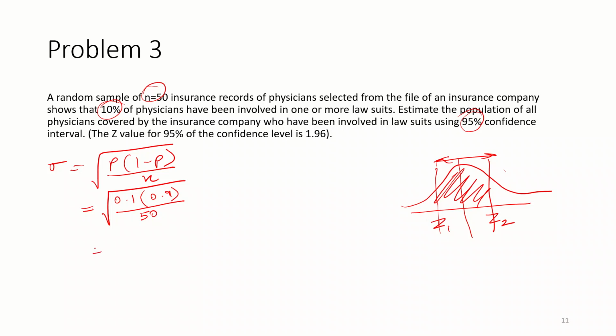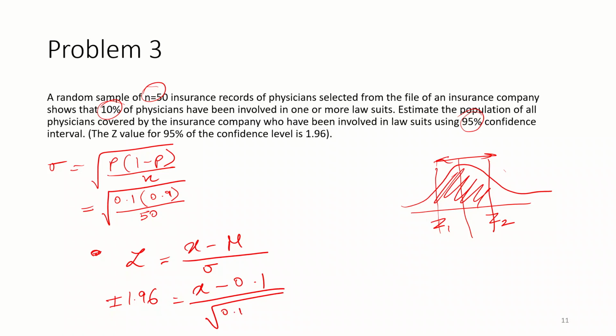So here if we calculate, z is x minus mu divided by sigma. In place of sigma we put this, and z will be plus minus 1.96, equal to x minus 0.1 divided by root of 0.1 into 0.9 divided by 50.